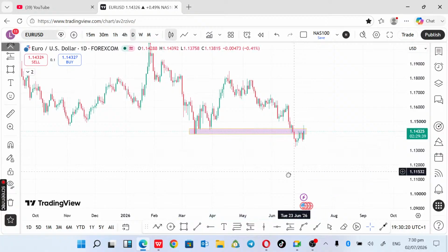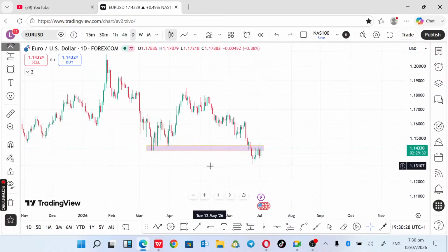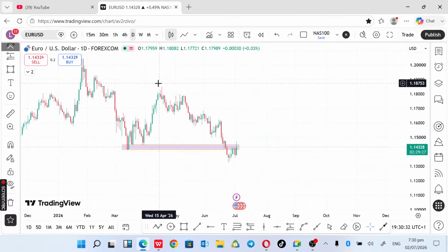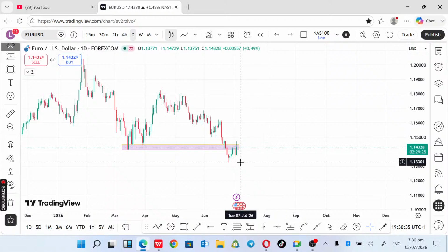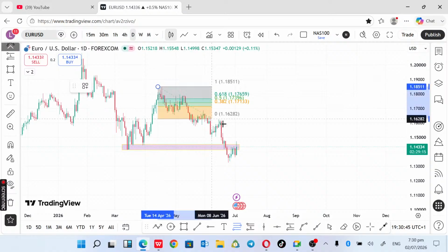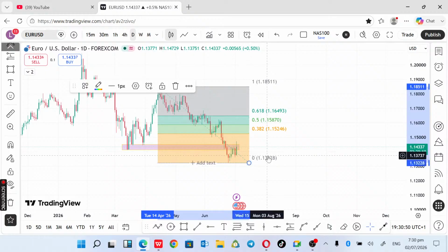But why I'm looking at this market, that this market is still going to push a bit to the upside before it drops, is because of this. If you check the range now from, let's say, this zone to this zone, somewhere around here like this, check the range, the market is still at a discount level.